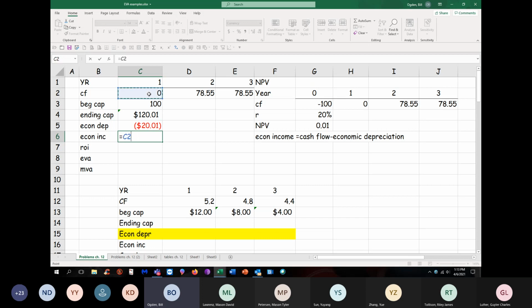We had a cash flow of 0. We had a capital appreciation of $20. So we'll subtract the negative depreciation. And we get 20.01. Okay, so our next little thing is called the ROI. That's return on investment.